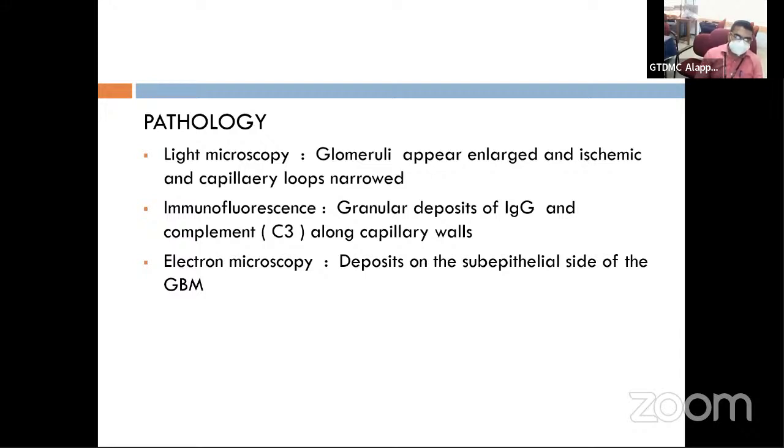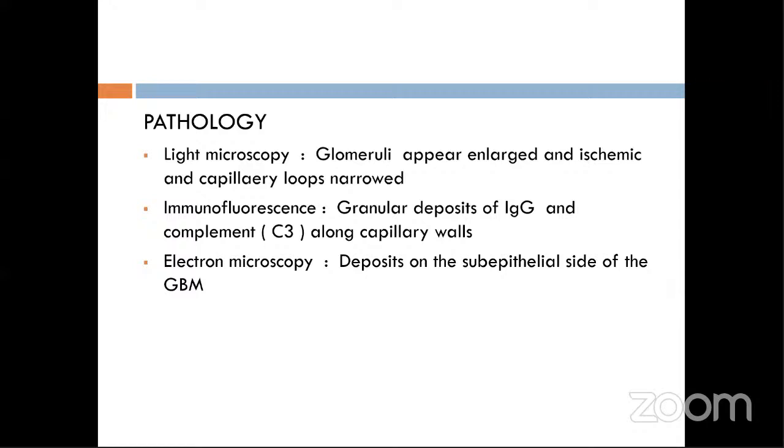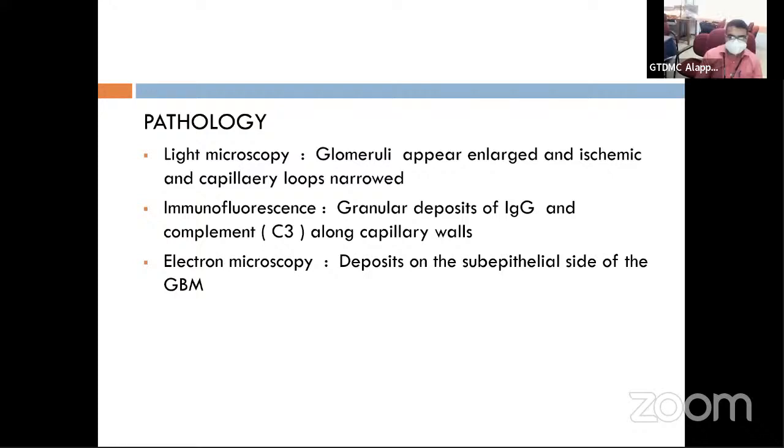Actually, the glomeruli appear bloodless on light microscopy examination. And immunofluorescence shows granular deposits of IgG and complement along the glomerular capillary walls. These deposits are called lumpy bumpy deposits in immunofluorescence.